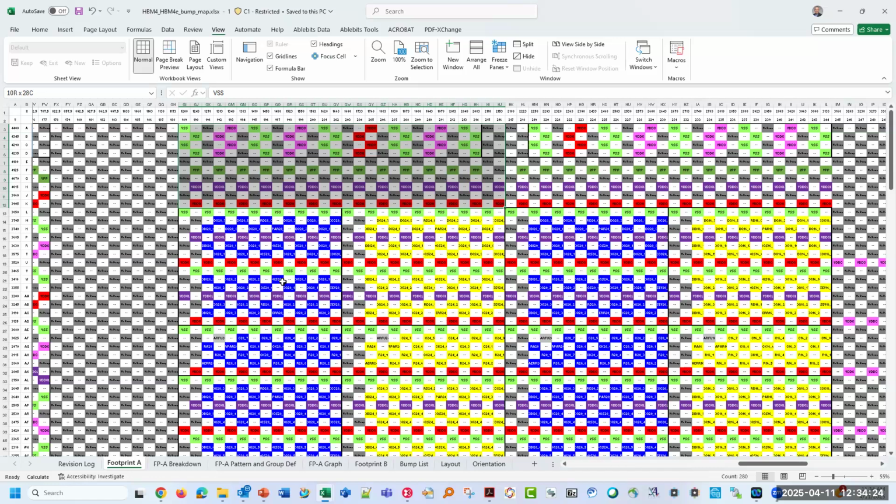So the patterns is one thing, the Z height is a different thing. Should you want to define the Z height in millimeters, then you're going to have to think about, well, do I specify those dimensions before the processing happens or after the processing happens?